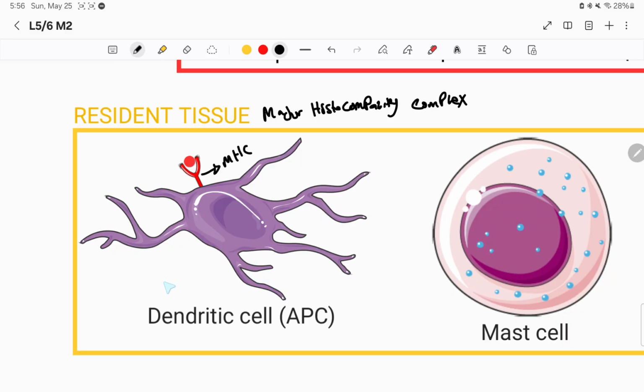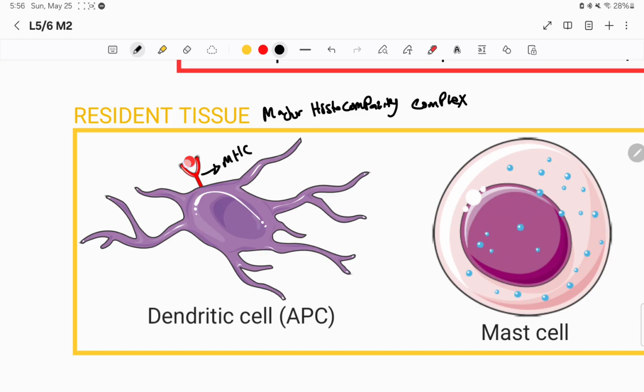Basically, it does a non-selective drinking of the fluid around the cell, okay? And if it happens to catch a microorganism or a pathogen, it'll take that in, break it down into its little constituents or antigens, okay? And then it'll take that antigen, put it on this MHC, and express it on its surface.